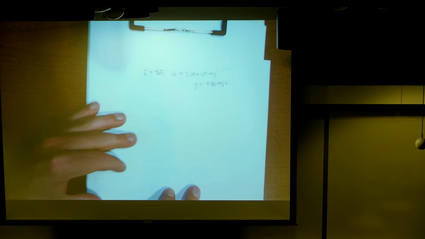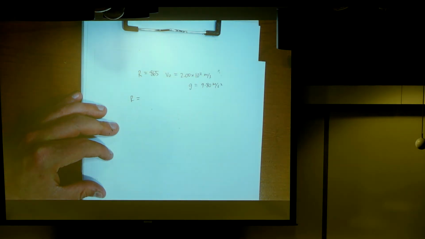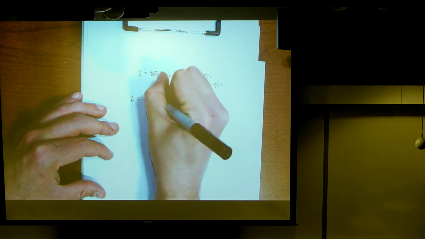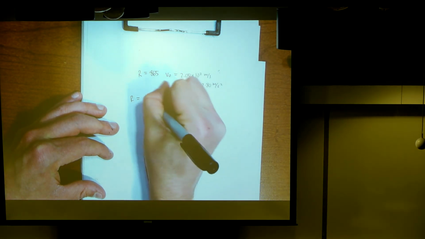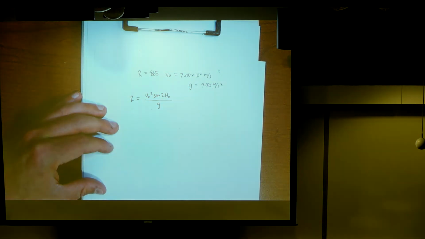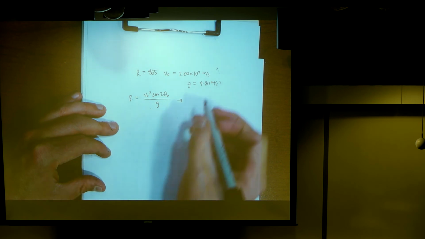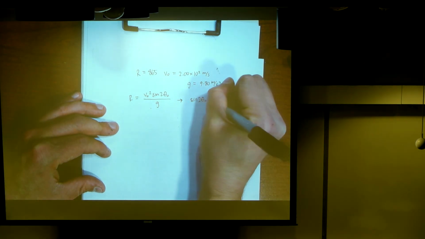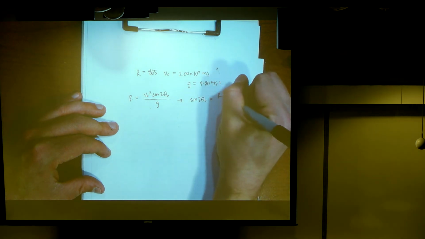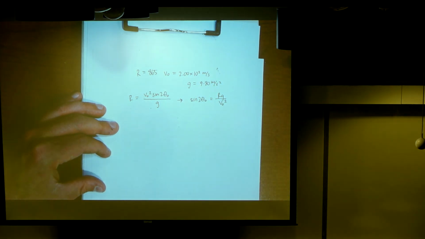Put that into the range equation, which says r equals v naught squared times sine of 2 theta divided by g. So we're trying to solve for theta, so we'll rearrange this to say sine of 2 theta equals r times g over v naught squared. We agree?